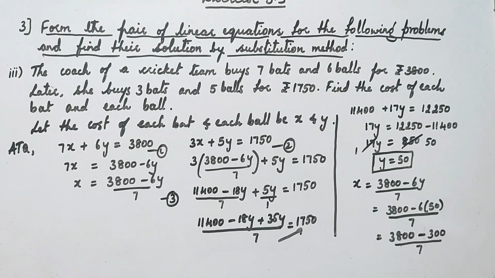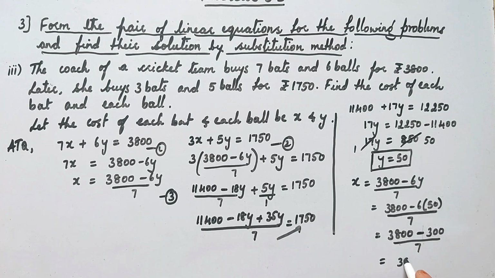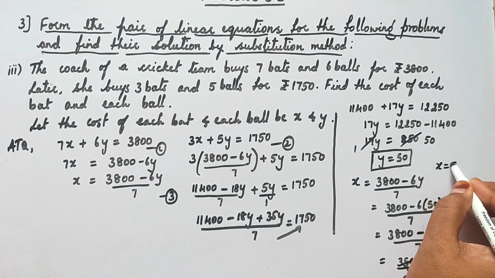Okay. Now further, when you subtract these two, you're going to get 3,500 upon 7. 7 ones are 7, 7 fives are 35, and these 2 zeros I'm going to write as it is. Therefore, I got x equal to 500.